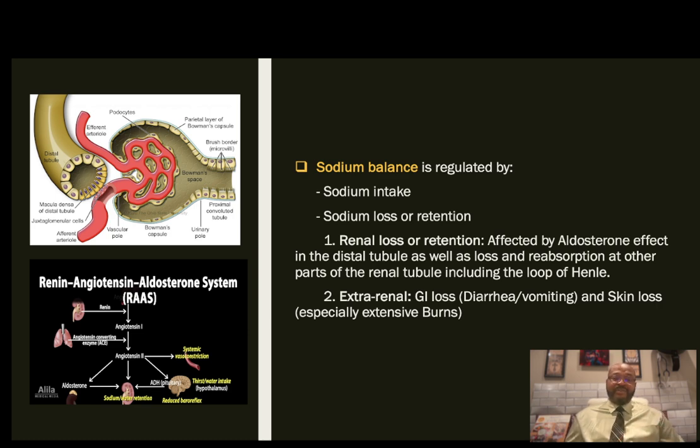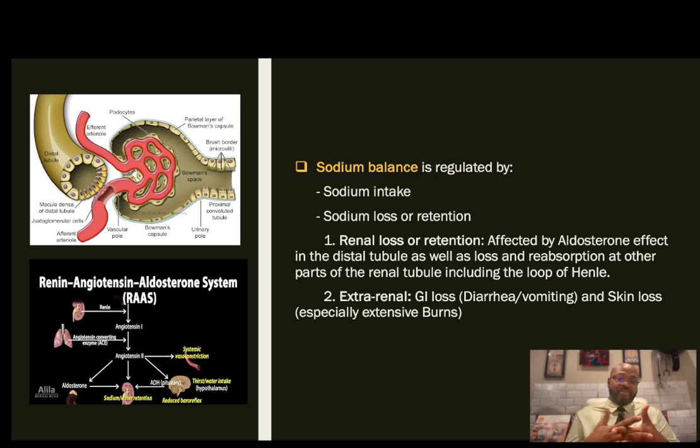The diagram up there is looking at the juxtaglomerular apparatus, which helps in regulation of sodium water balance in the body. It's located where the glomerulus, especially the afferent arteriole that forms part of the glomerulus, meets the distal tubule in close proximity.